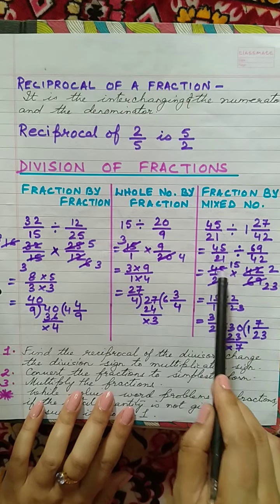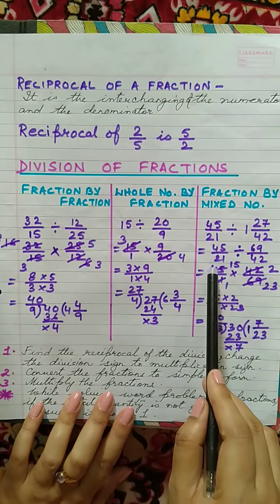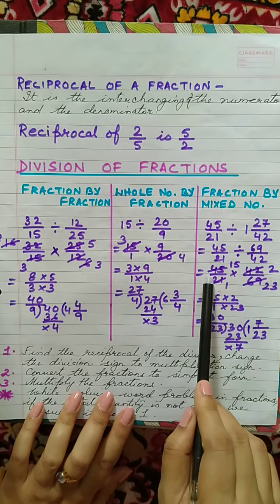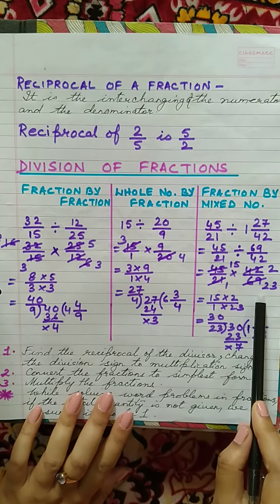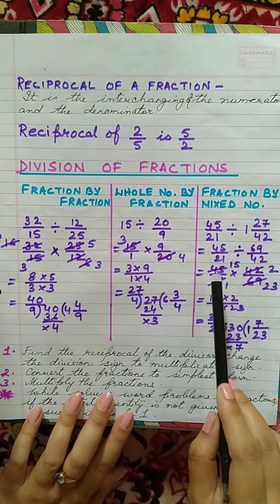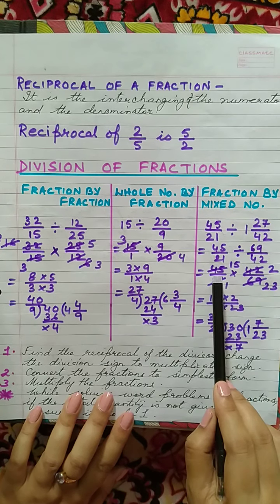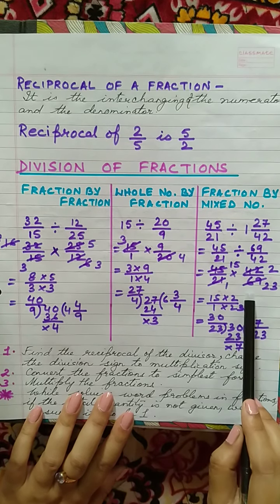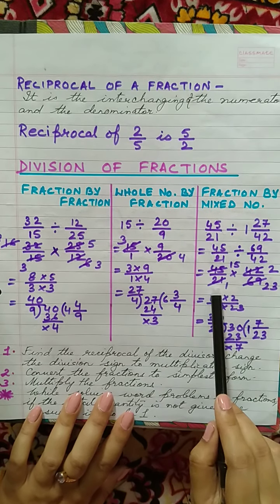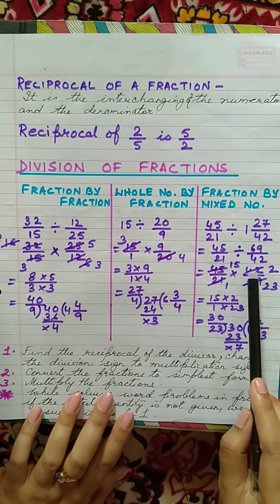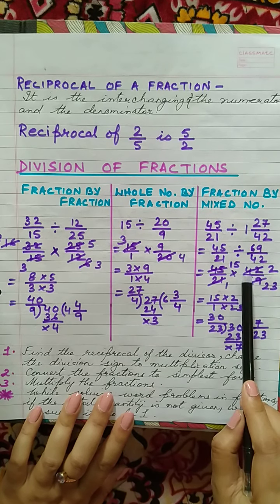Now we cancel by cross cancelling. 45 and 69 both can be divided by 3. So 3 15s are 45, 3 23s are 69. 21 ones are 21, 21 2s are 42.